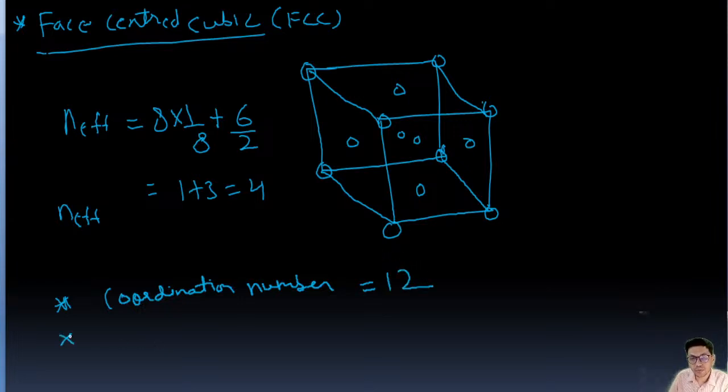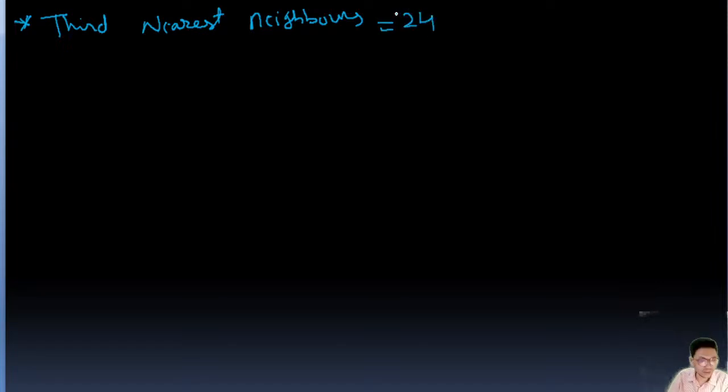Now the second nearest neighbors is 6. The third nearest neighbors is 24.